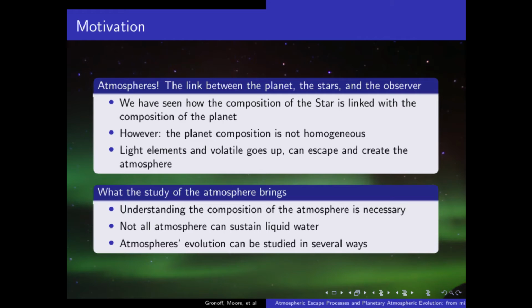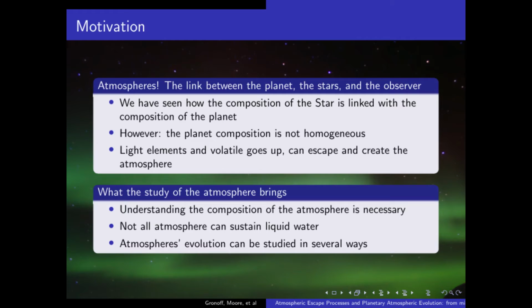Understanding the composition of the atmosphere is really necessary to see if the planet is going to be habitable or not. But however, we have to understand that not all atmospheres can sustain liquid water or conditions that are really susceptible to host life.